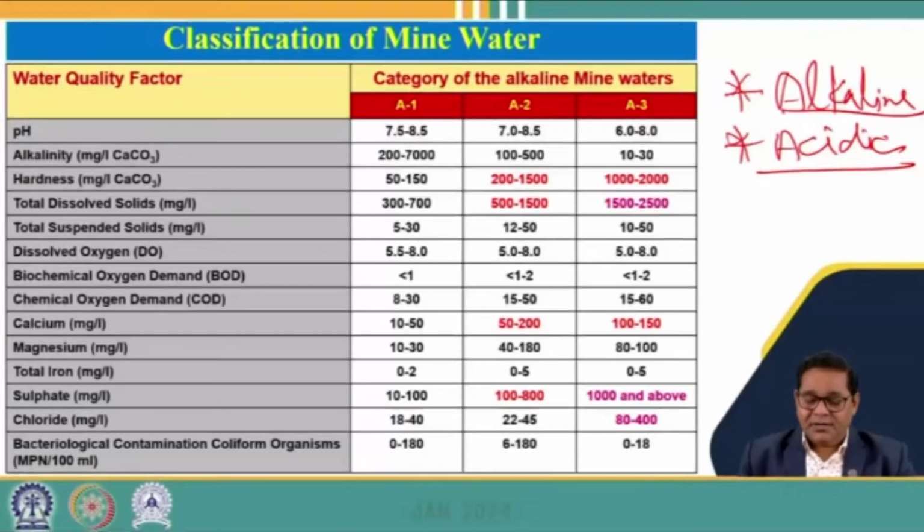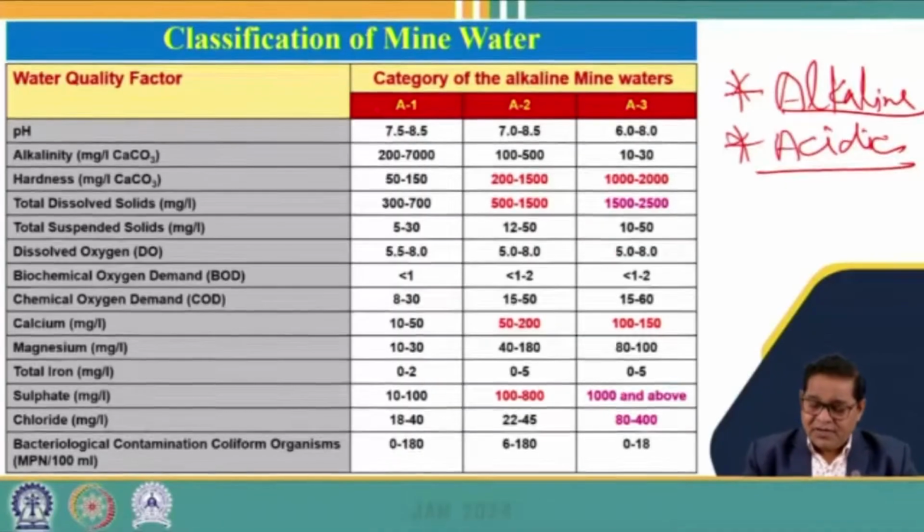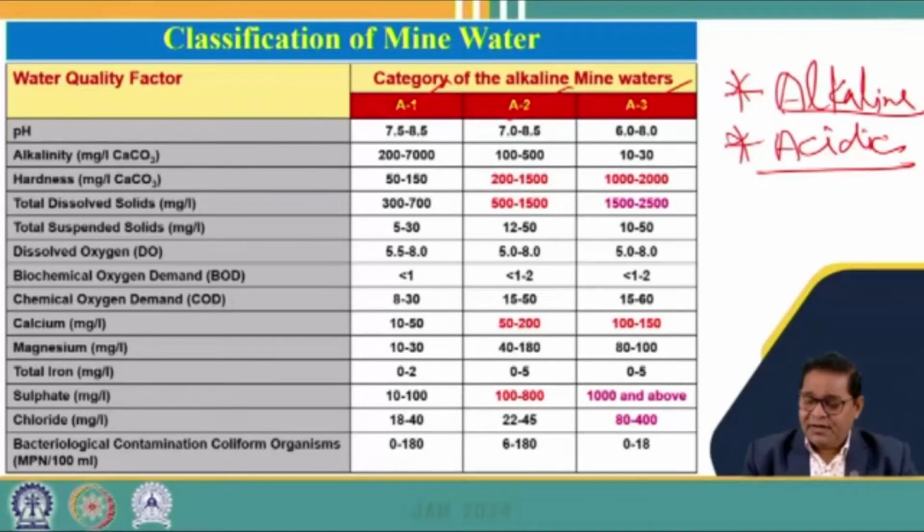One by one we will be going through the classification and characteristics of this acid mine water and then alkaline mine water. And this table basically gives the different categories of alkaline mine water that is generated from the coal mines. Here we have categorized them into A1, A2 and A3 categories.